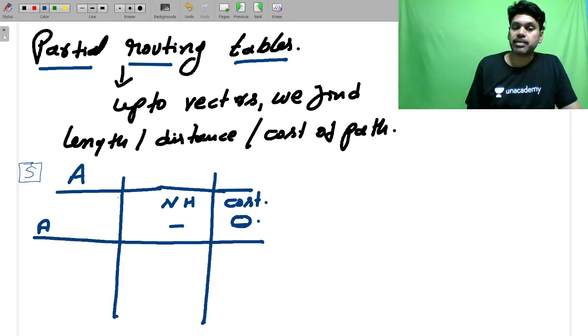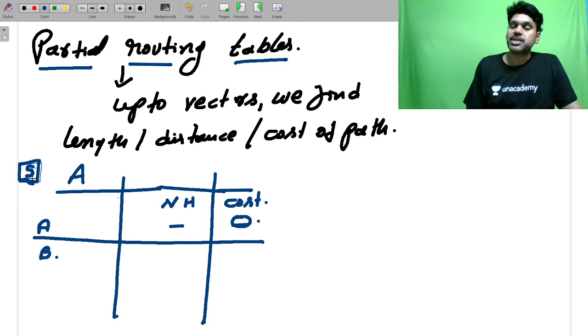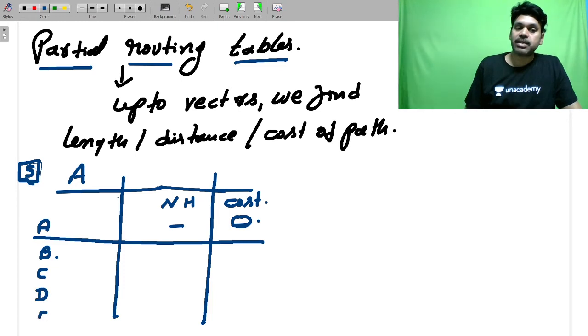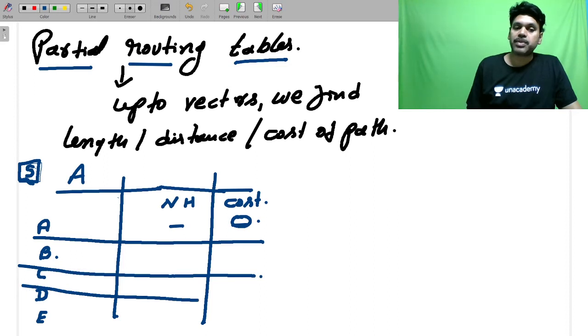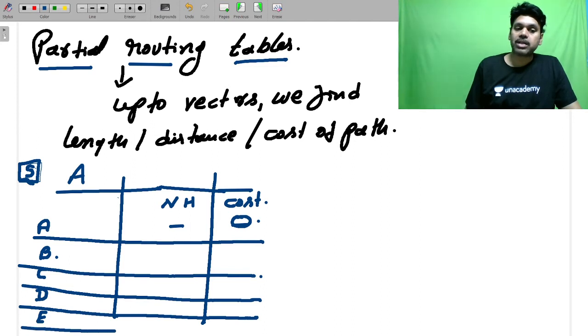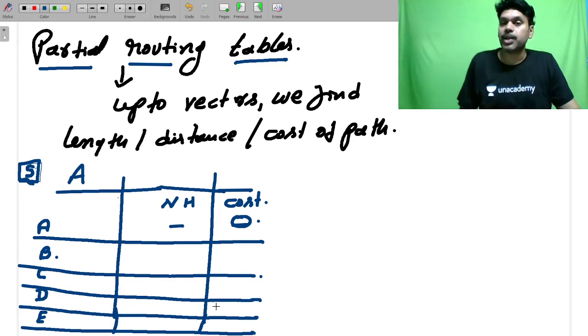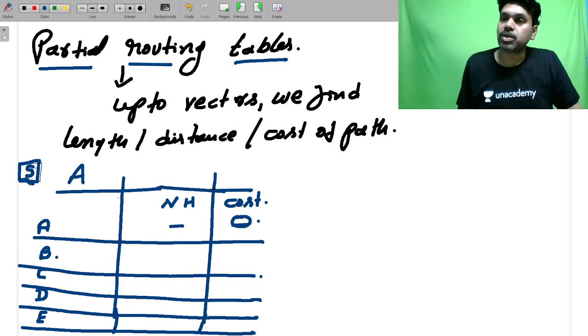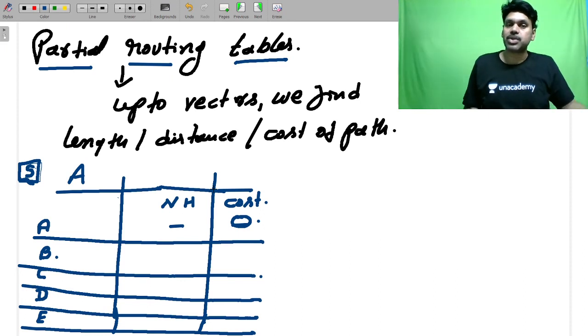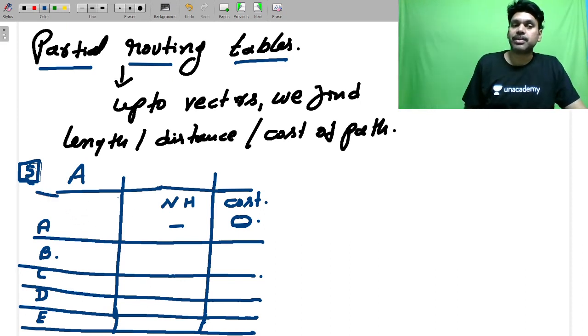This is one entry. A to B I am finding. This is your source. And the next destination is B. Next destination is C. Next destination is D. Next destination is E. Observe, every node is supposed to have knowledge about all other routers. Okay. So a router to itself is always 0. Please observe. A to A is always 0.